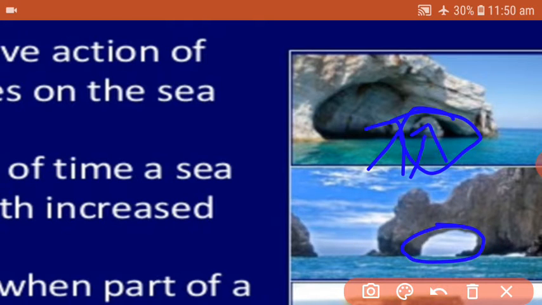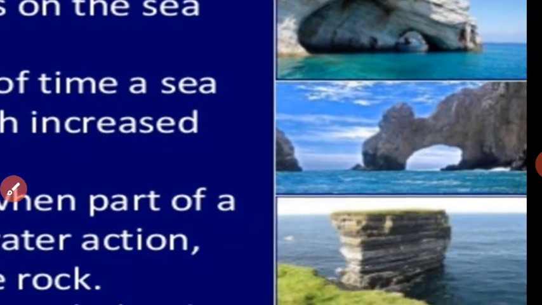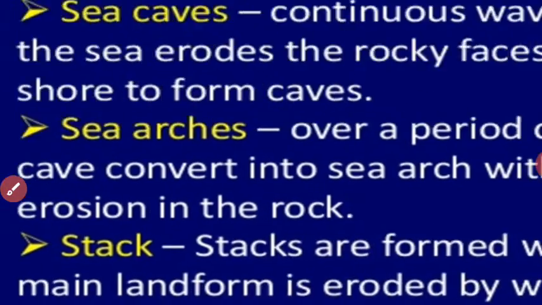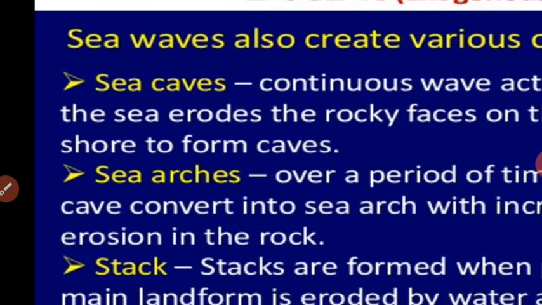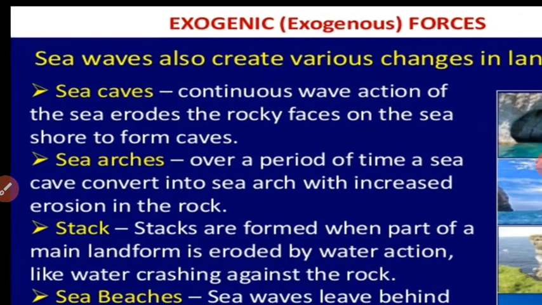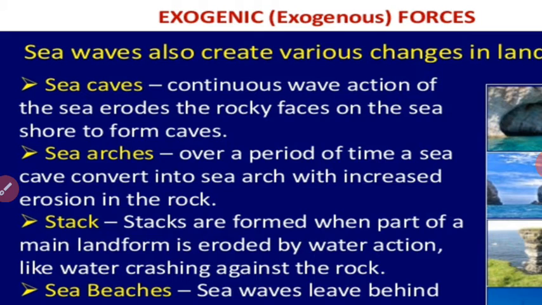Here you can see with the sea arch that first it was like a cave, but after the continuous erosion it has become a sea arch. You can find with the definition that over a period of time the sea cave converts into a sea arch with increased erosion in the rock. So such a sea arch is created.